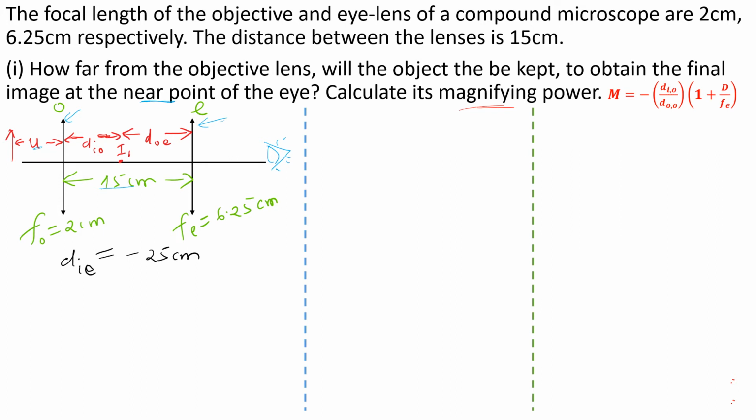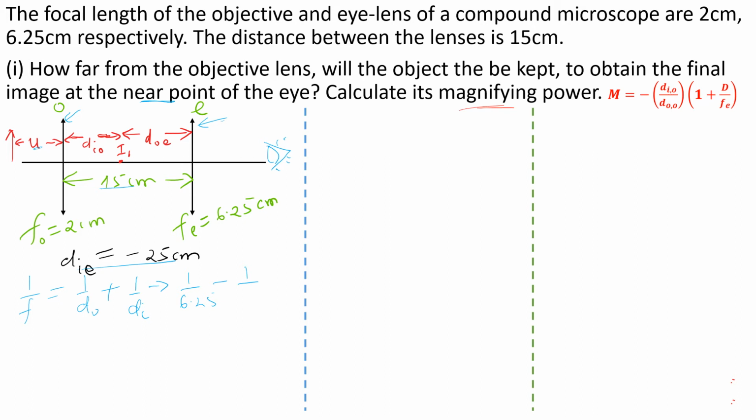So near point is giving us the final image distance for the eyepiece, and that's the least distance for distinct vision, which is negative 25 centimeters. The final image is virtual. So if we use 1 over F equal to 1 over D object plus 1 over D image, of course we are starting with the eyepiece, 1 over F is 1 over 6.25, minus 1 over the image distance.